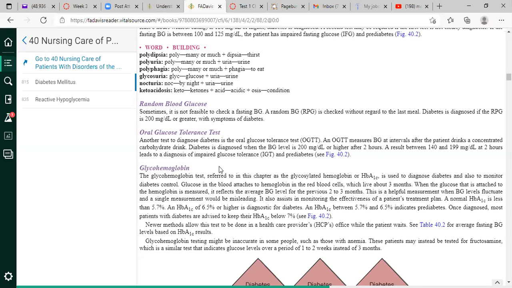And an HbA1c between 5.7 and 6.5, you are pre-diabetic. Patients with diabetes are advised to keep their HbA1c below 7%. Once your HbA1c is going over 7%, we know you are at high risk for complications.